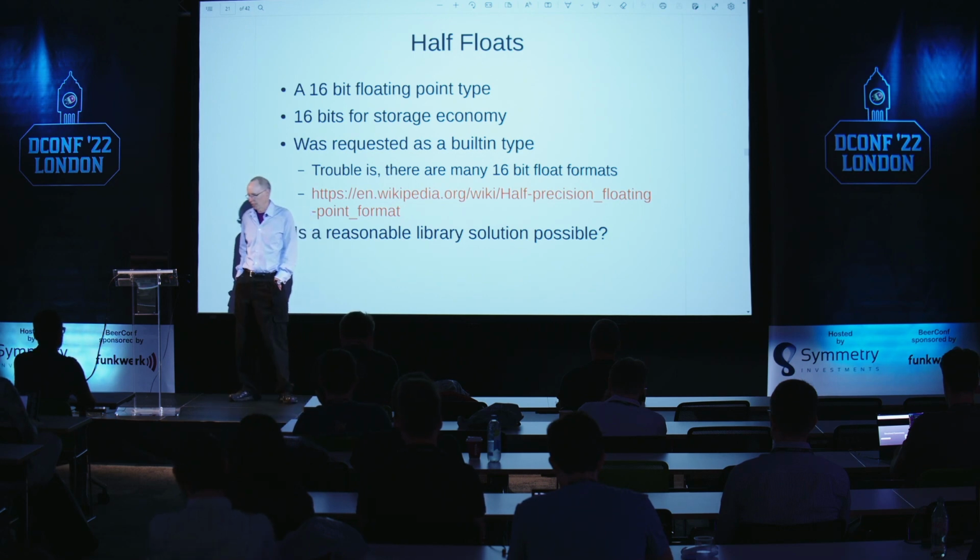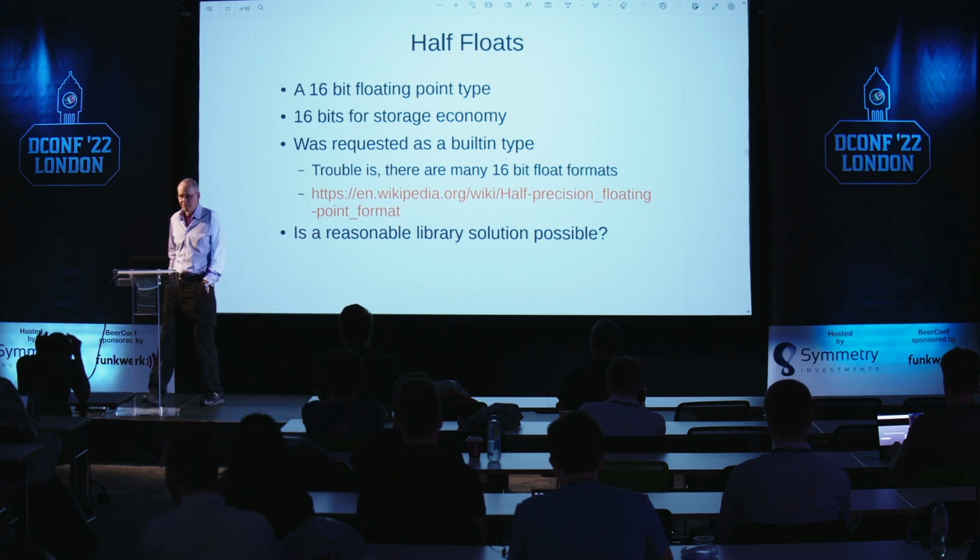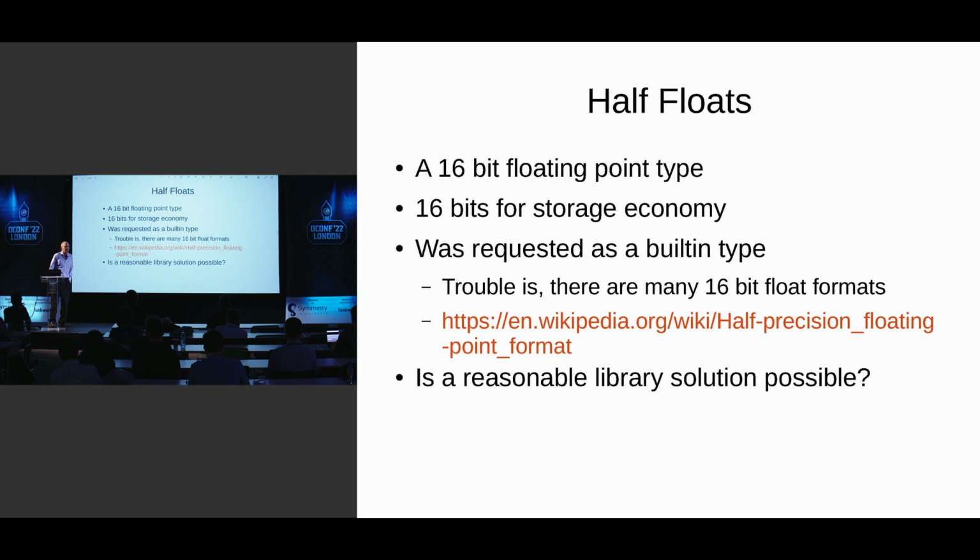So what's commonplace is to use a 16-bit floating point type called a half float. The 16 bits cuts the storage requirements in half, which makes your code run faster. It was requested as a built-in type by Manu.